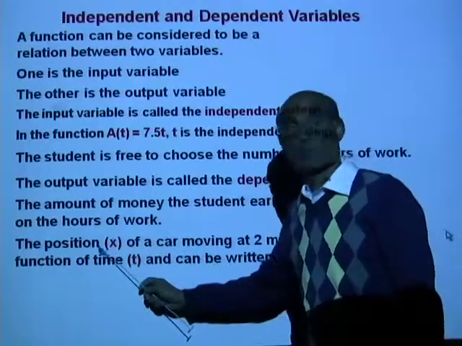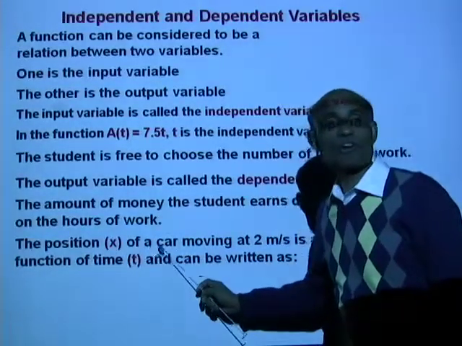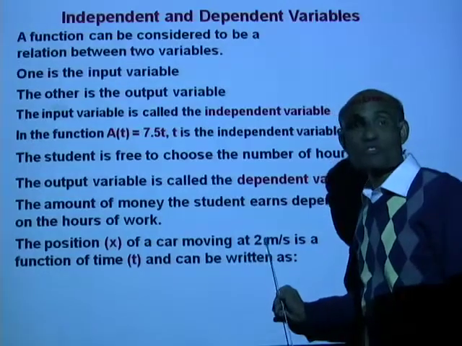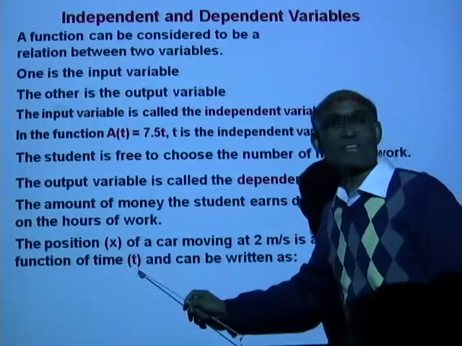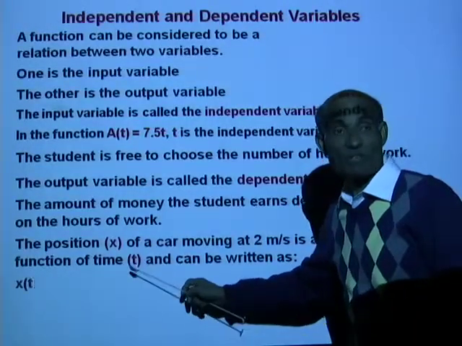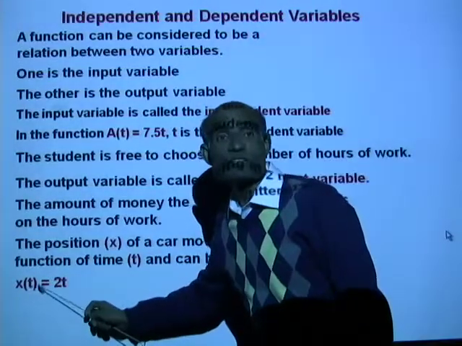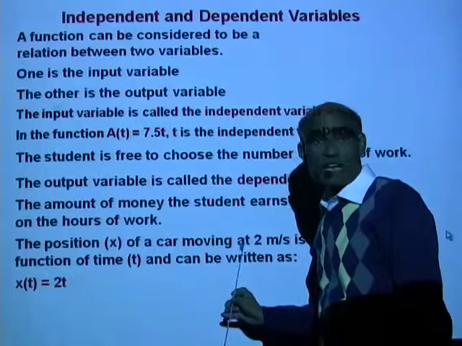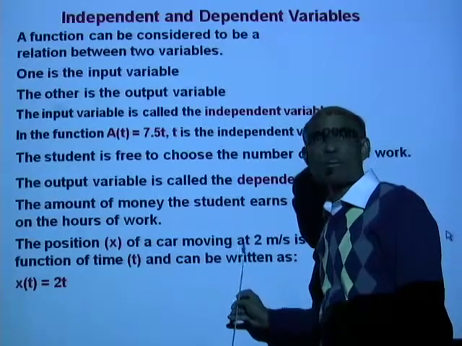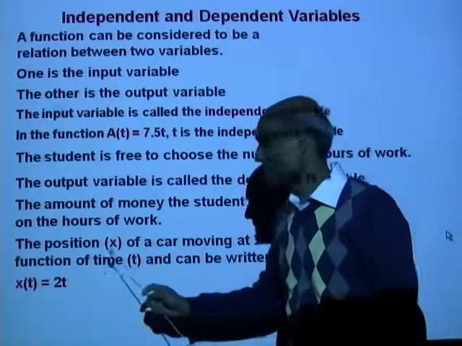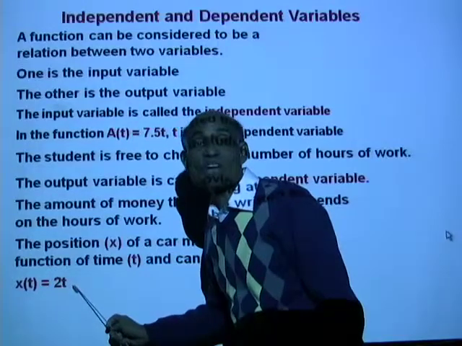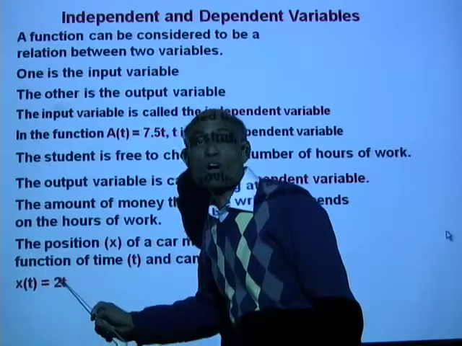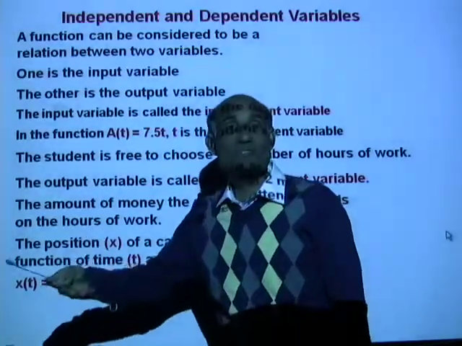Look at another example. The position x of a car moving at 2 meters per second is a function of time, and we can write it like this: x(t) equals 2t. The car is moving at a constant speed of 2 meters per second. That means every second the position of the car will change by 2 meters.